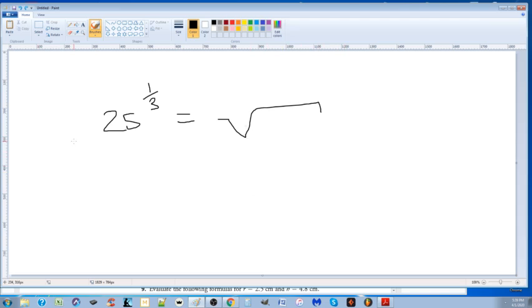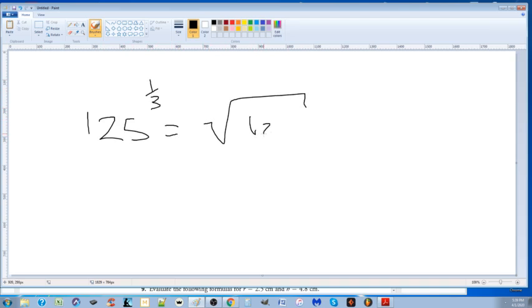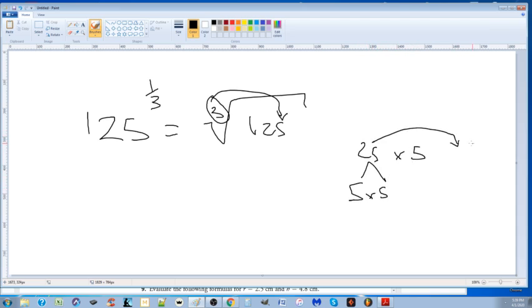So in this case, let's use a number we can actually cube root, which is 125. 125 to the third is the same as the cube root of 125. What is the cube root of 125? Well, it's a number that multiplies itself 3 times to get 125. That would be 5 times 5, which makes 25, times 5, which makes 125.